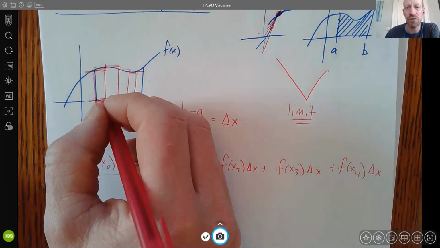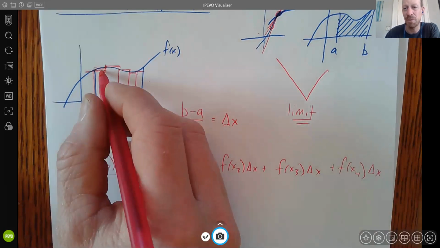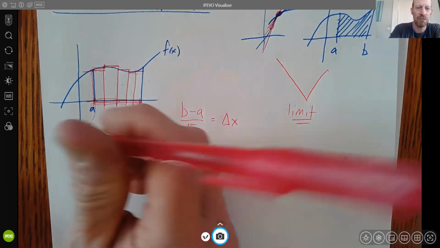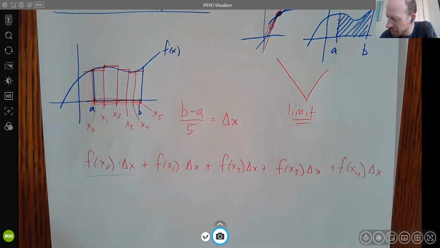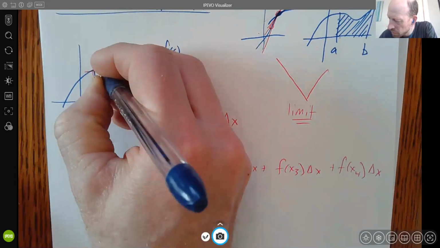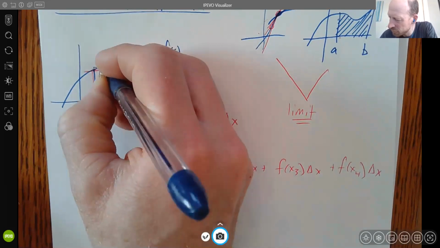But it turns out that for our purposes, a really nice way to do it is to just make more rectangles. Rather than having 5 rectangles, what if I made 10 rectangles? Each of those rectangles would then be half the size.